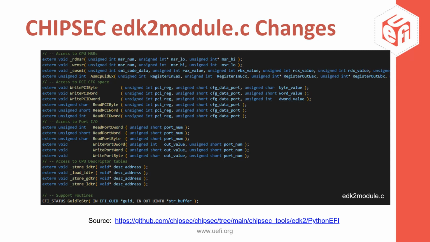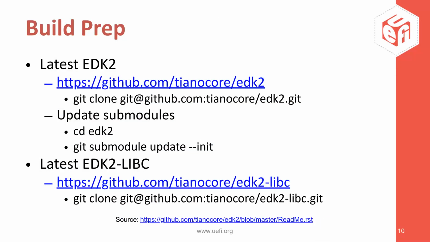So in the next few steps, I'm going to walk you through the process of building it. To build a Python interpreter, you will need EDK2 and EDK2 libc source. I won't go too much into detail here. This is hopefully more of a review in this case.